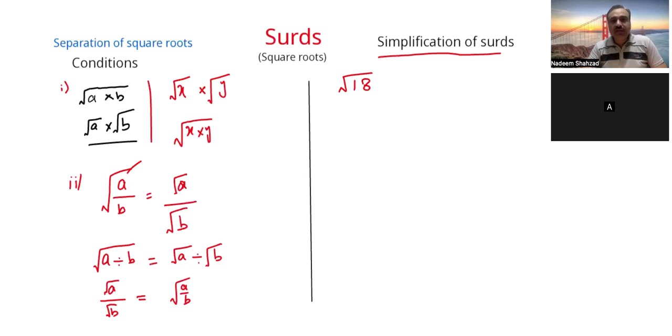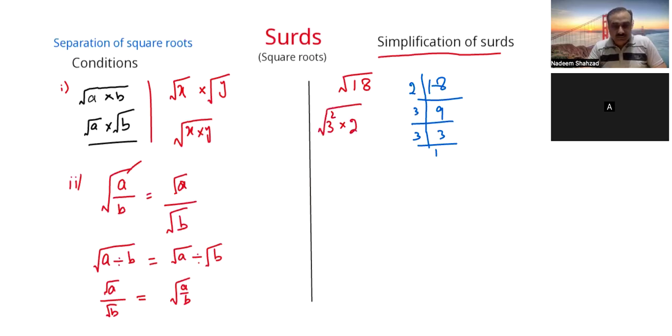You can see here, we can split 18 as 2 times 9, and then 9 as 3 times 3. Here we can see how many times 3 is coming in these factors? 2 times. So can we write it as 3 power 2 times 2, the whole square root?